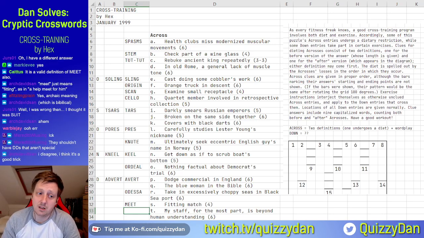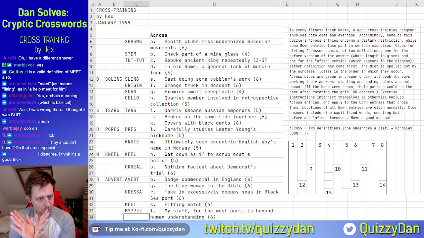Exactly, it's a double bluff. Staff, my entourage, my posse, my gang. So it's my, and then a 5-letter word for staff is beyond human understanding. Mystical.